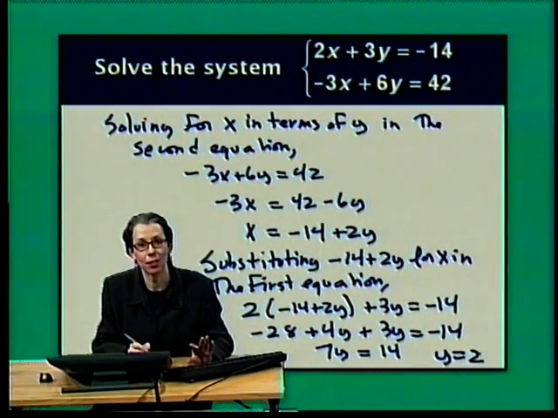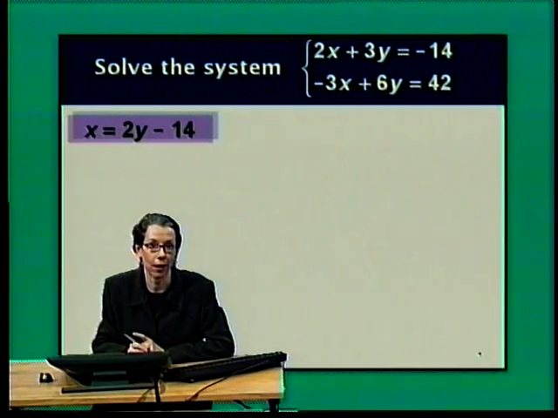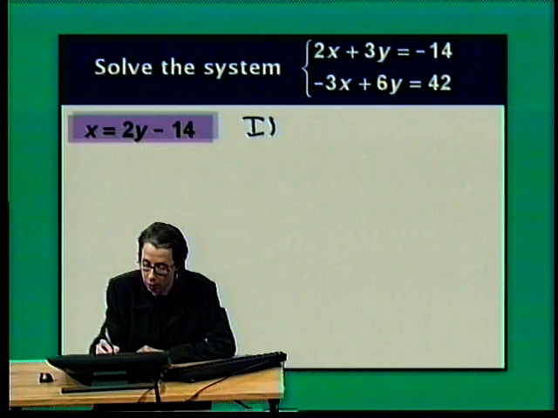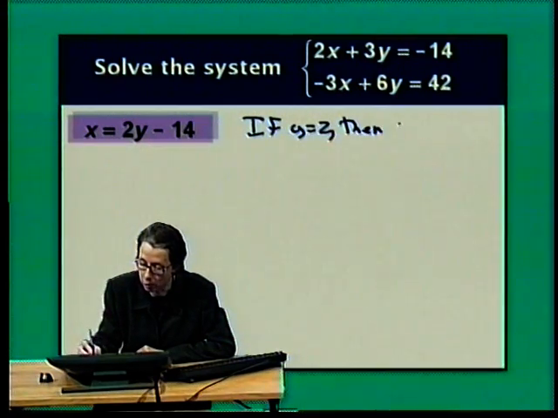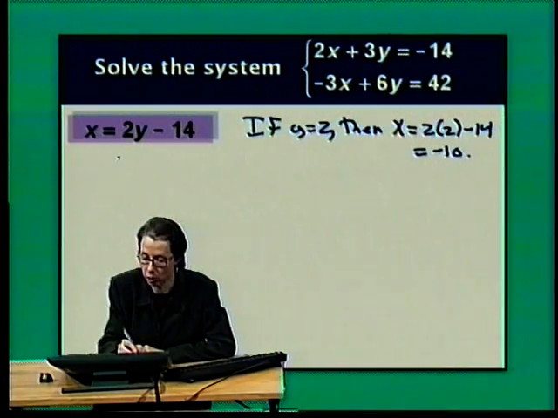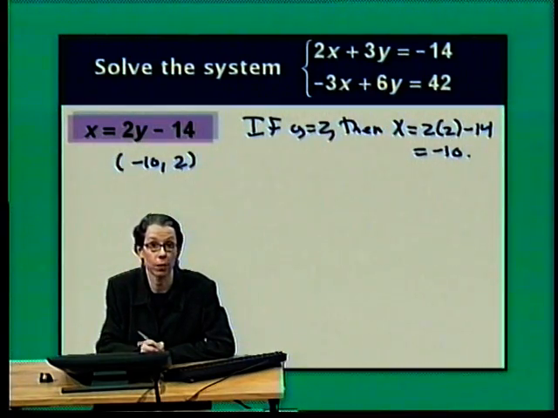Now we need to still determine x. So using the equation x equals negative 14 plus 2y, which is the same as x equals 2y minus 14, I can evaluate x. So if y equals 2, then x equals 2y minus 14, which is negative 10. So I have a proposed solution to check, which is the ordered pair negative 10, 2. So let's check.